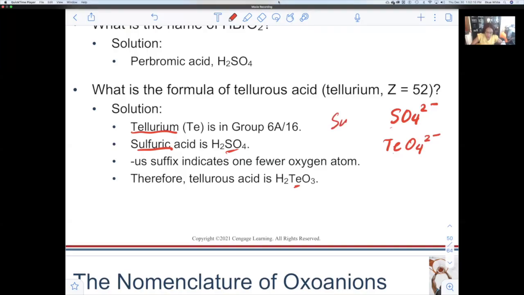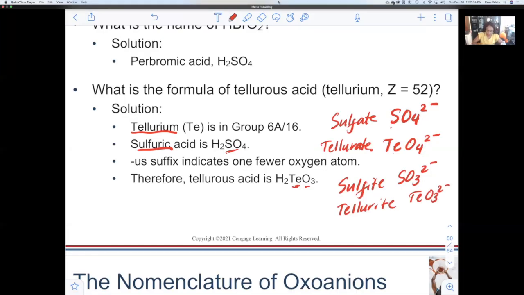If this is sulfate, then this is tellurate, okay? But they have TeO3. So if this is sulfite, SO3 2 minus, then this becomes tellurite, TeO3 2 minus. Yeah, this is a tedious process. So when it comes to naming the acid formed by H combining with this, it's going to be tellurite. Replace that with "ous acid," tellurous acid.